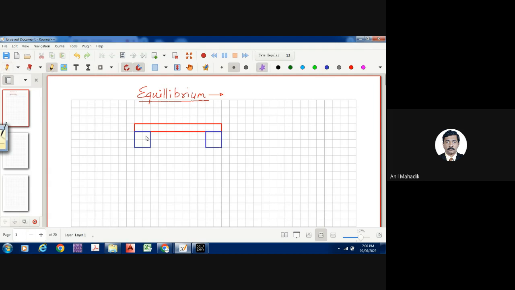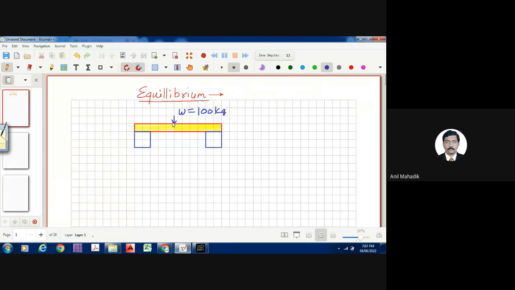And this beam is having some weight on it. Let's have a weight at the center. W is equal to 100 kg.